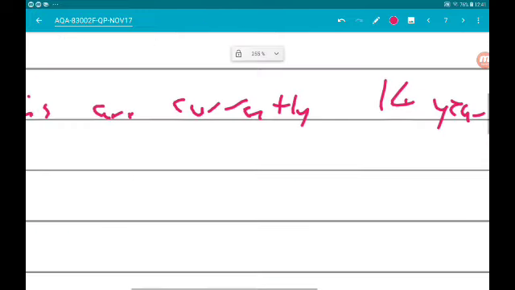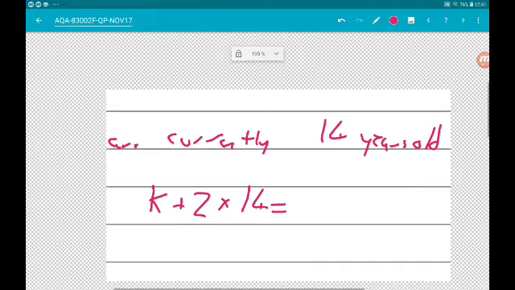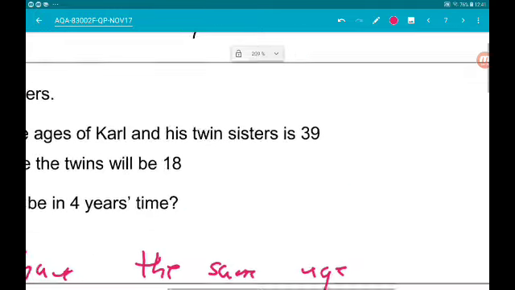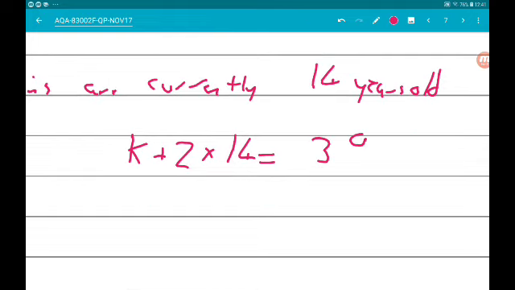So we know then, if we call Carl's age K, add 2 times 14, that is 39. So Carl is currently 39 take away 28, so that's 11.